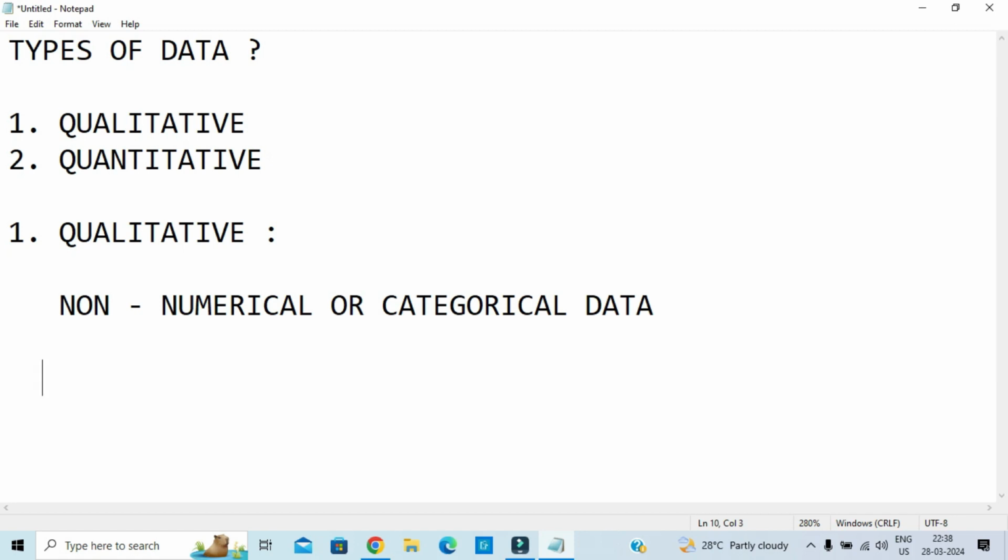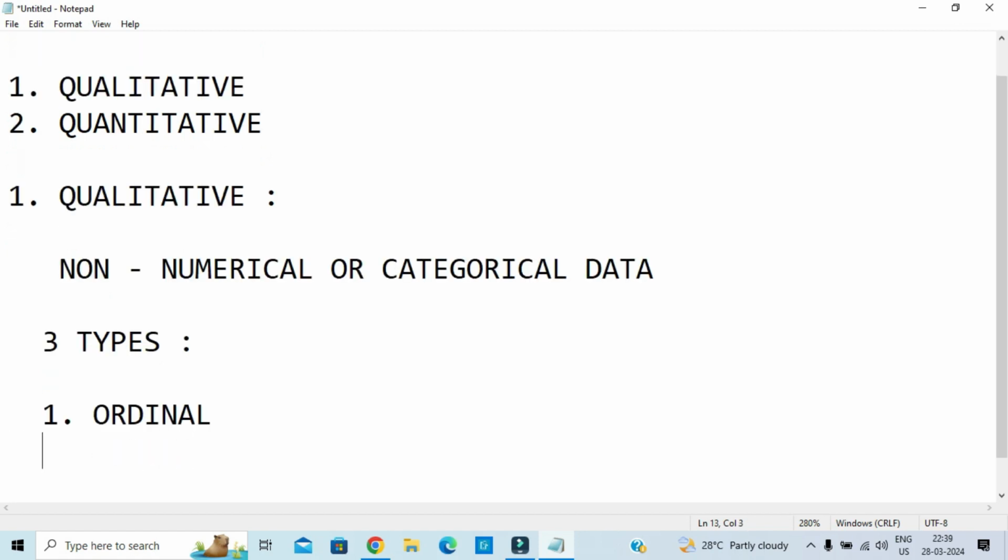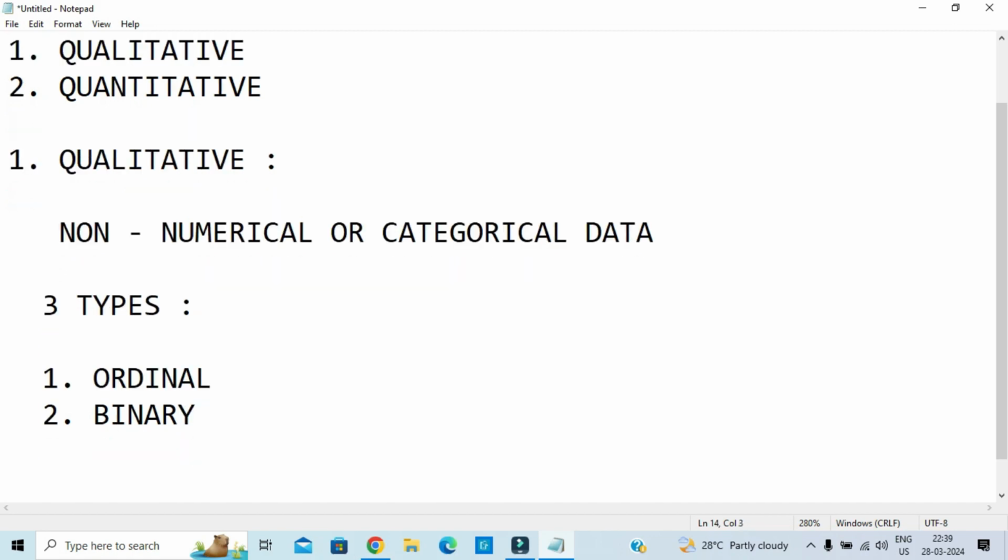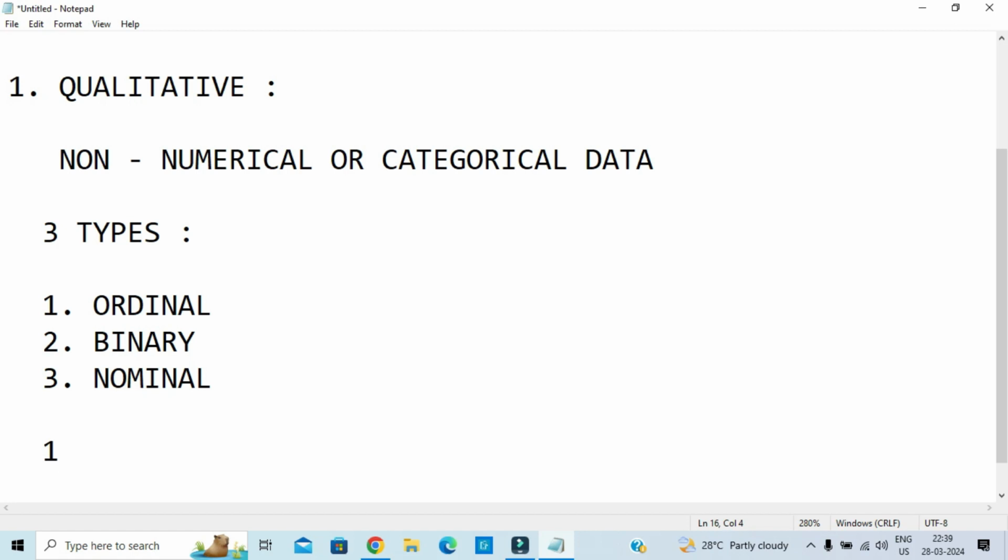This qualitative data is further divided into three types: the first one is ordinal, binary, and the third one is nominal. So let's discuss these three types of data, starting with ordinal.